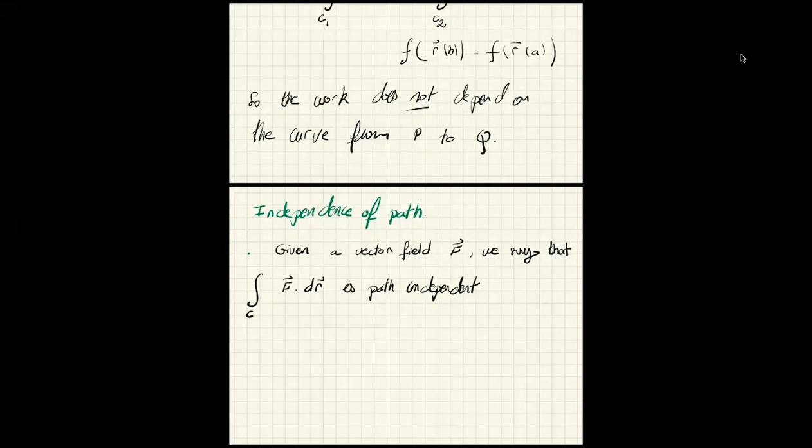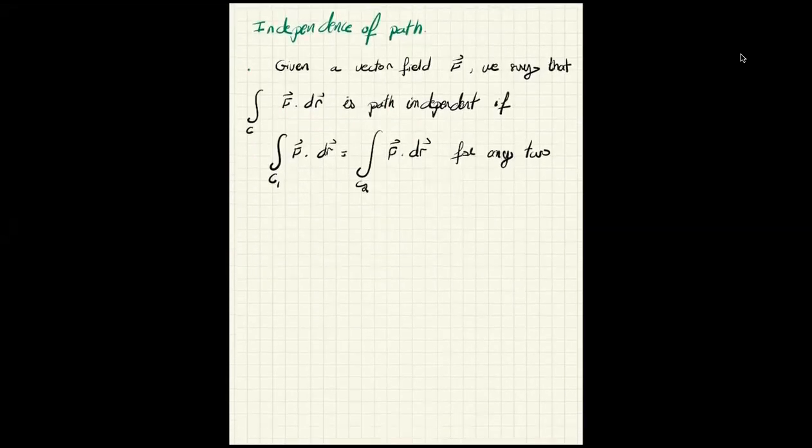It is path independent if the integral over C1 is equal to the integral over C2 for any two paths, C1 and C2, with the same endpoints.